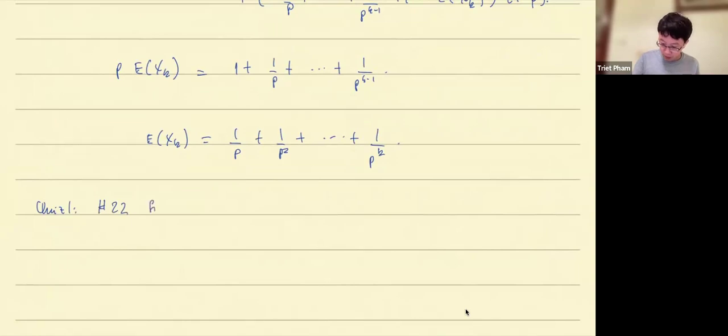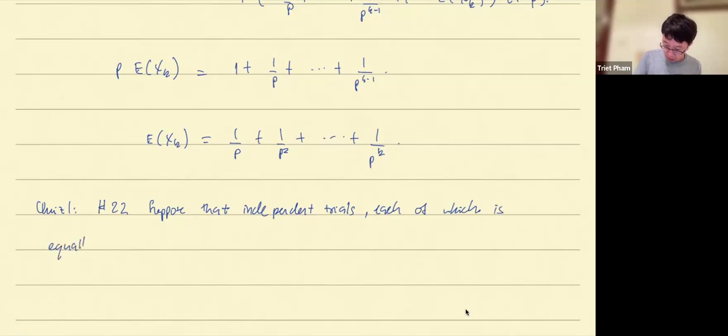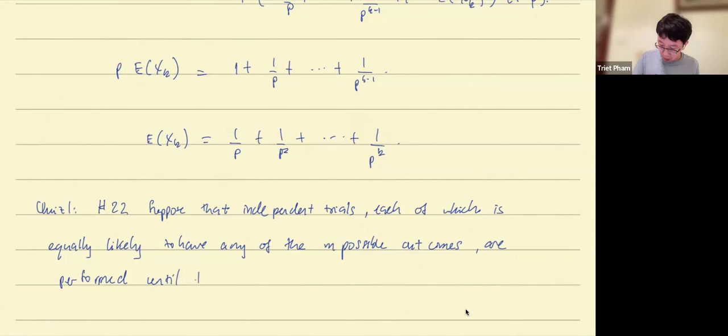So it says, suppose that independent trials, each of which is equally likely to have any of the m possible outcomes, are performed until the same outcome occurs k consecutive times.